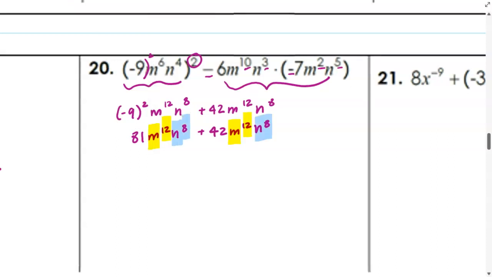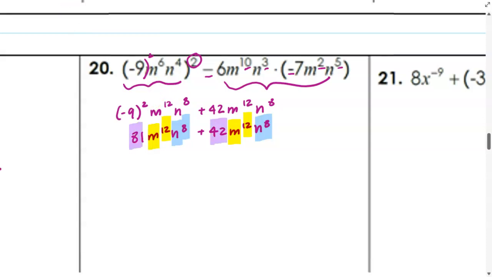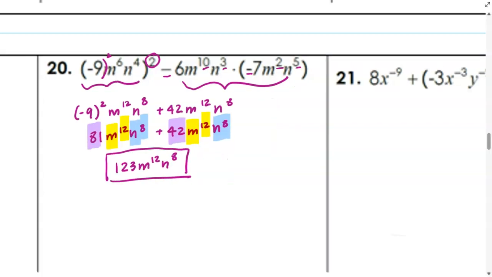So that means that we can add the two coefficients, which is 81 and 42. Okay, that's 123 M to the 12th. Remember, the variable stays as is. Okay, good job.